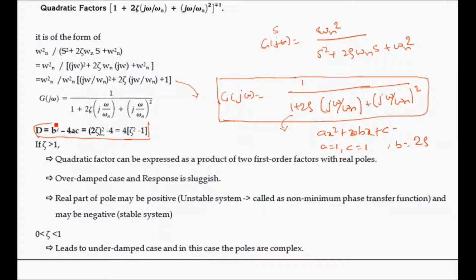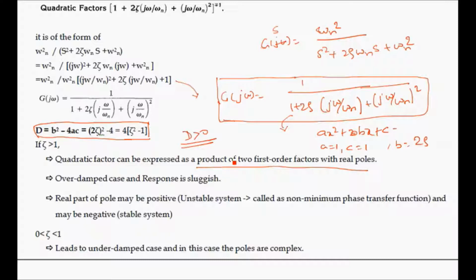Clearly, if the discriminant is greater than or equal to 0, we will get real poles. For discriminant greater than 0, the solution of this quadratic equation will have real values, and this equation gives you the location of the poles. So the quadratic factor becomes the product of two first order factors with real poles.